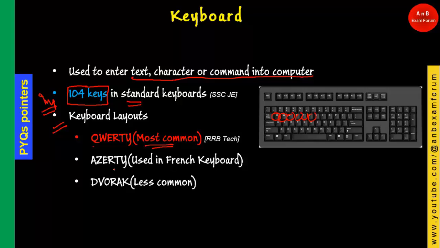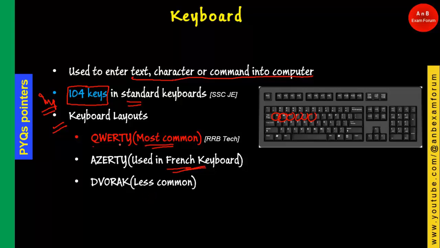Whereas one more keyboard is the AZERTY keyboard, where instead of Q, A is there. It is used in the French computer keyboard. And DOAC is another keyboard layout which is very less common and we have not seen anywhere.